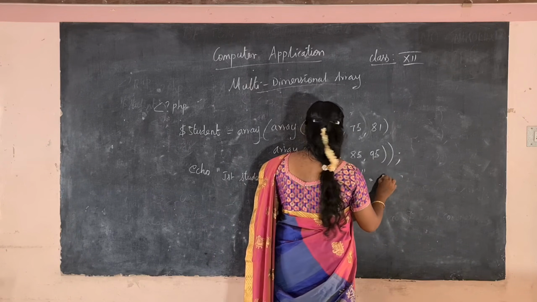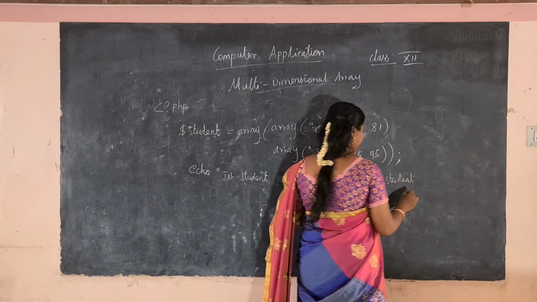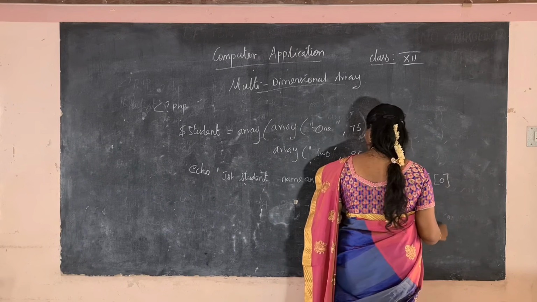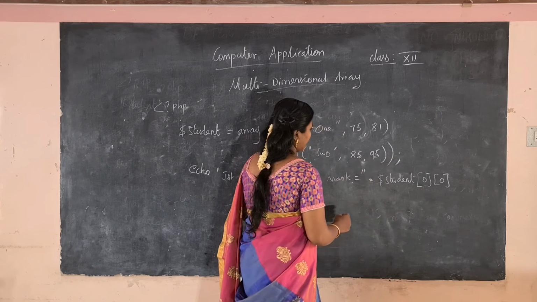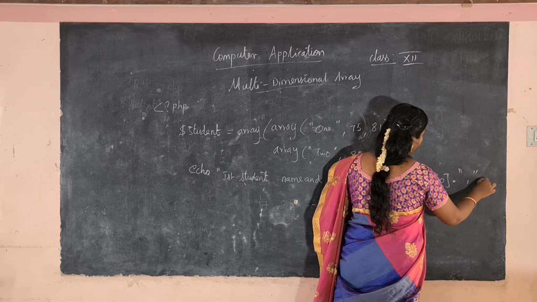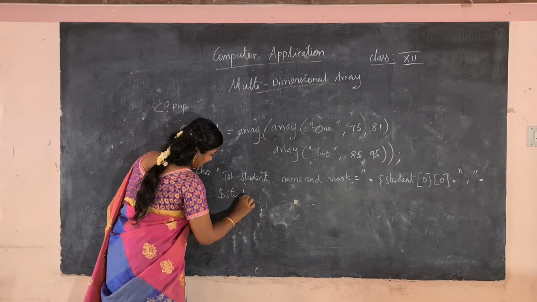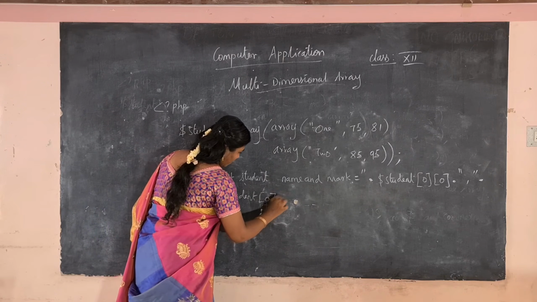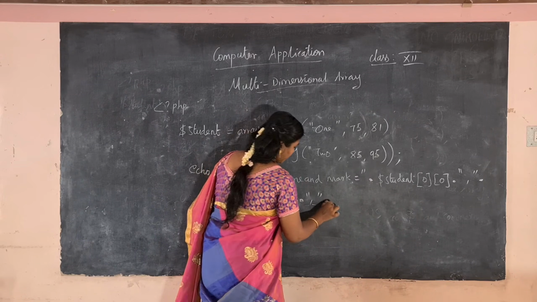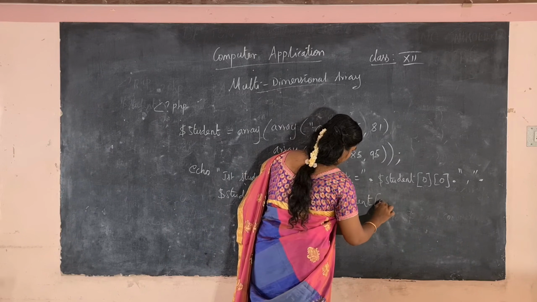Next I am giving $student of 0 0 name, okay, and then dot comma, $student 0 1, dot comma dot $student 0 2.